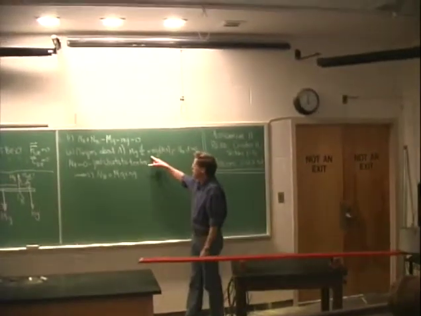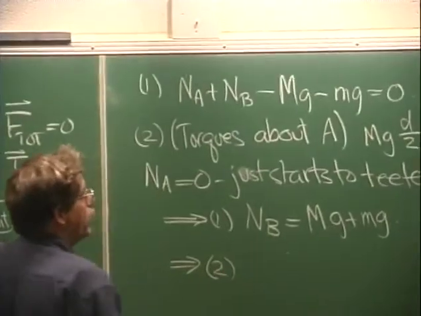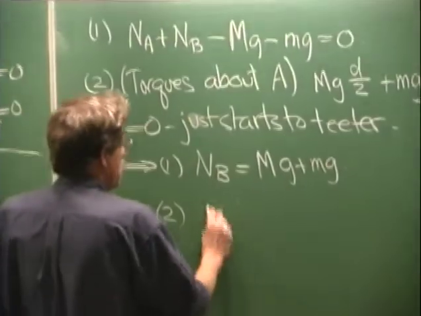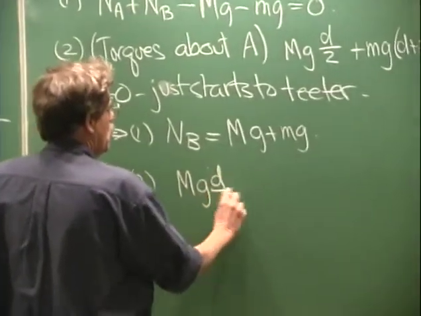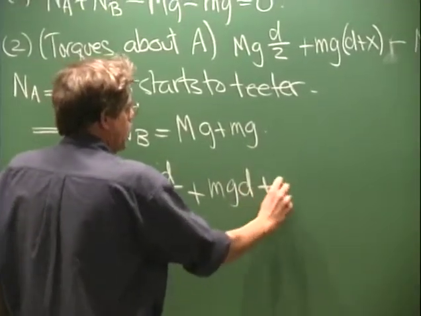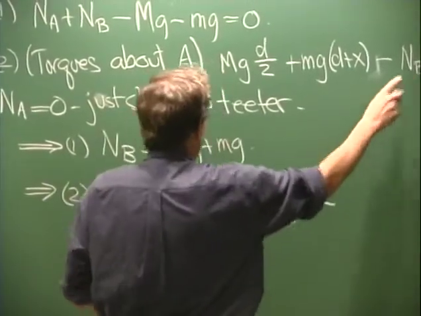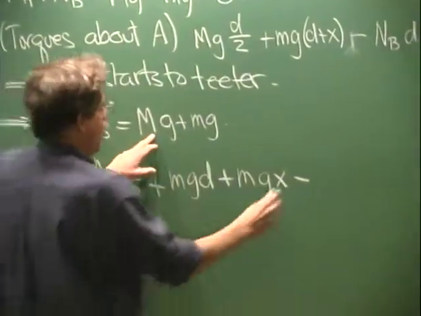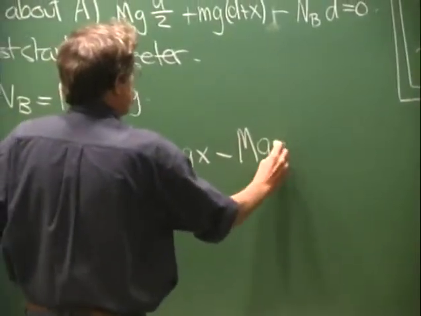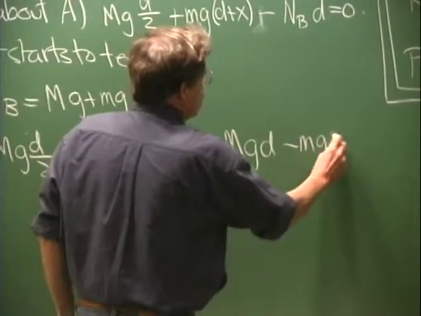I plug that into the second equation, the torque equation. The torque equation now says Mg d over 2 plus little mg d plus little mg x minus NB times d, which is capital Mg times d minus little mg times d.